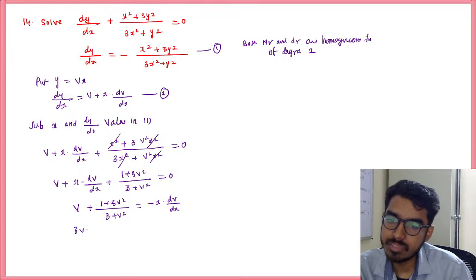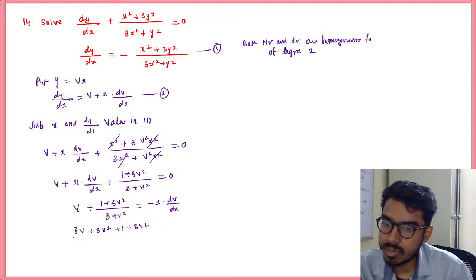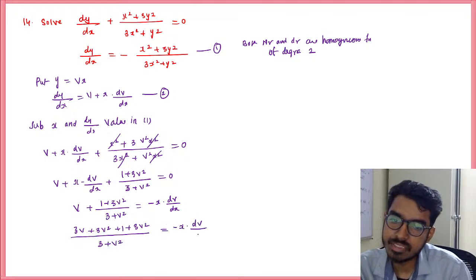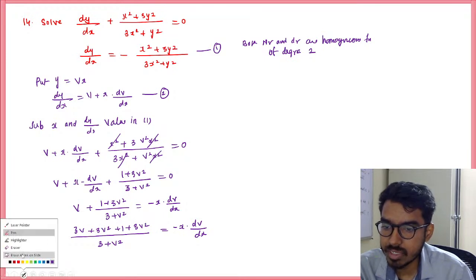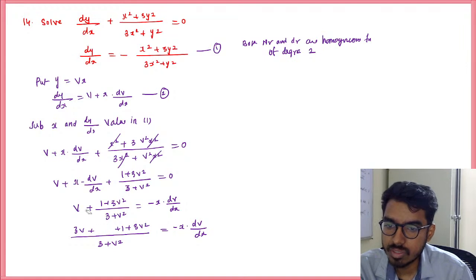If we cross multiply this, we will have 3v square plus 1 plus 3v square divided by 3 plus v square is equal to minus x into dv by dx. What about this term? 1 plus 3v square plus 3v plus v cube.